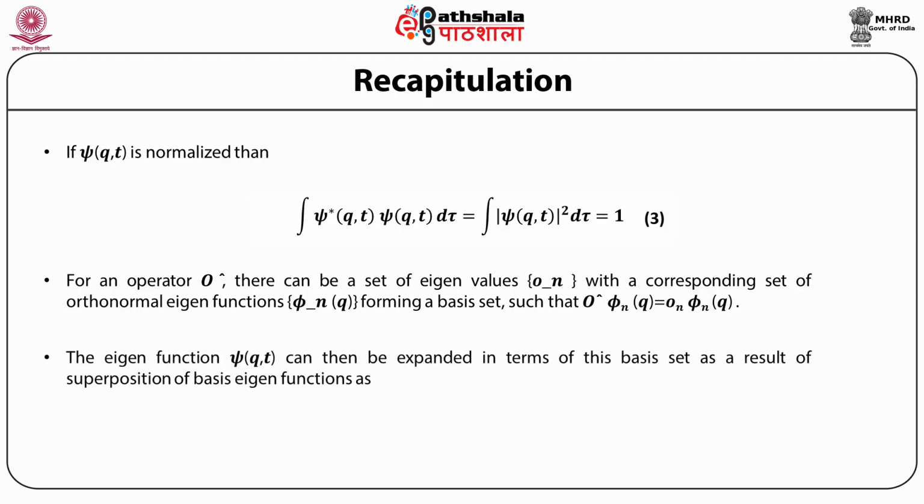The eigenfunction ψ(q,t) can then be expanded in terms of this basis set as a superposition of basis eigenfunctions: ψ(q,t) equals summation over n of a_n(t) φ_n(q).